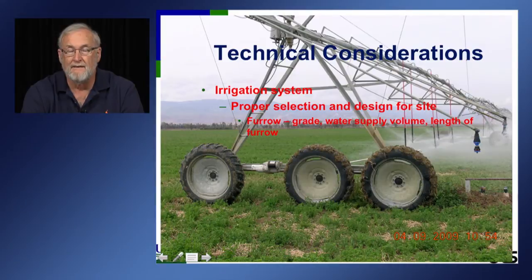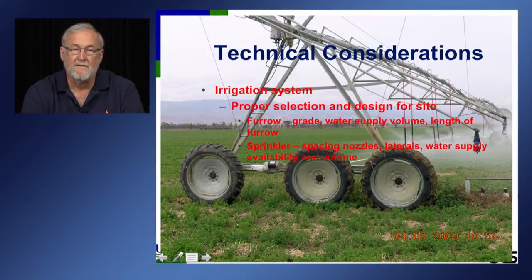Oftentimes we don't think about the need to have an adequate water supply and the volume of water, because for a furrow irrigation system to be effective, you have to have enough head in a given furrow that you can move the water quickly across the field. If you don't do that, then the distribution uniformity falls off and you have problems.